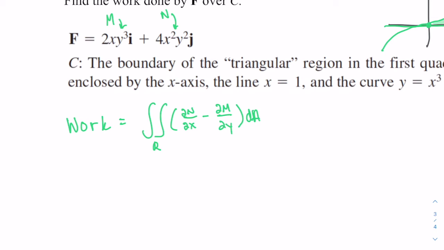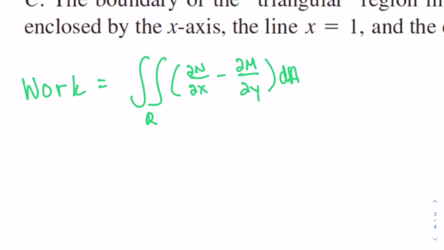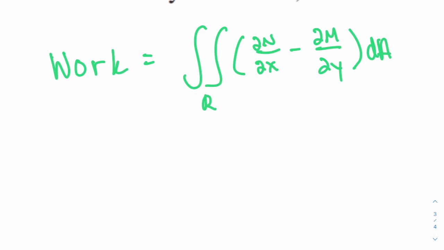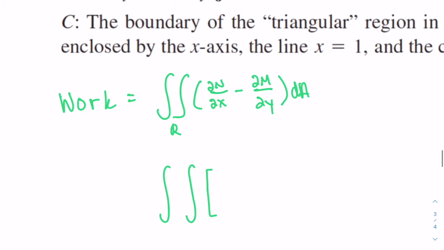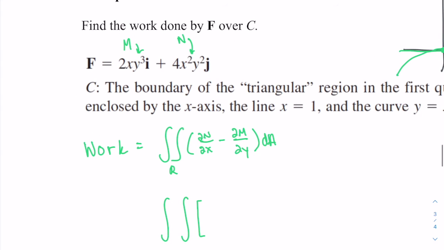So in this case, it's going to be the double integral where the integrand is dN/dx. So the x partial derivative of N, which in this case would be 8xy squared.